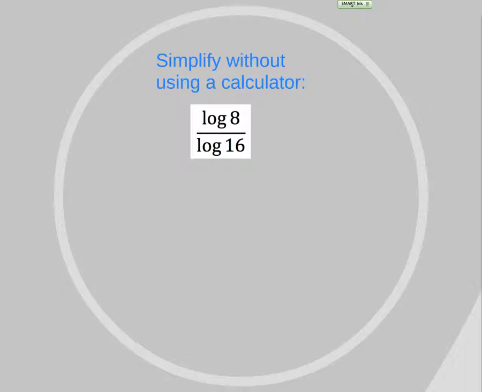But what would not happen is that this is not equal to 1/2. We can't just say, oh, that's 8/16, that's 1/2. We can't do that because the 8 is part of that log and the 16 is part of that log, so I cannot just start canceling that out right away. We want to have some groups that are exactly identical that we can cancel out. So if I look at the numbers 8 and 16, what do they have in common?